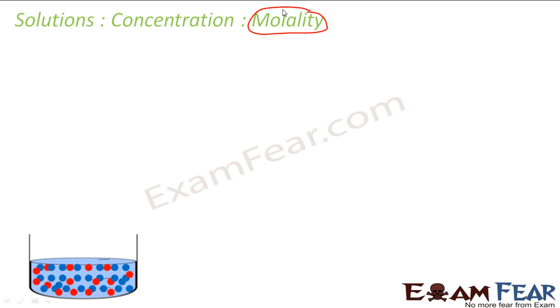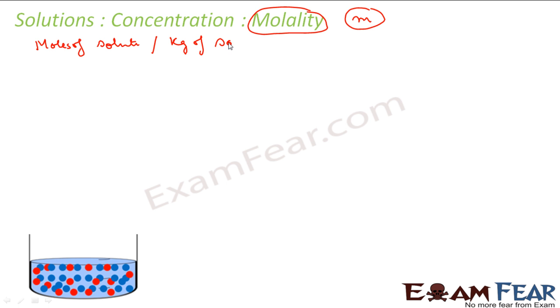See, molality is nothing but moles of solute per kg of solvent. Let me write here. And it is denoted by small m. Moles of solute per kg of solvent.